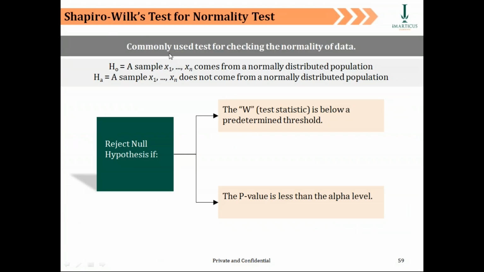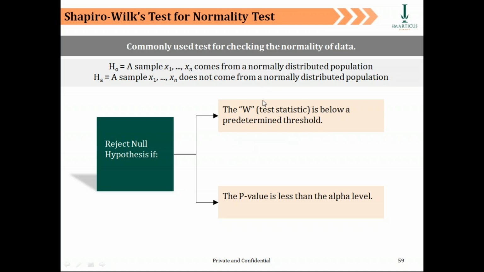So the Shapiro-Wilk test, first of all, again helps us to check the normality of the data. The null hypothesis is that a sample x1, x2, x3, xn comes from a normally distributed population. The alternative hypothesis is that the sample is not coming from a normally distributed population.